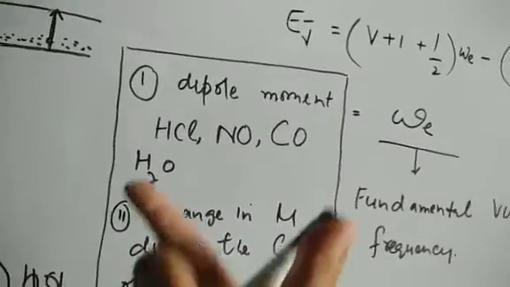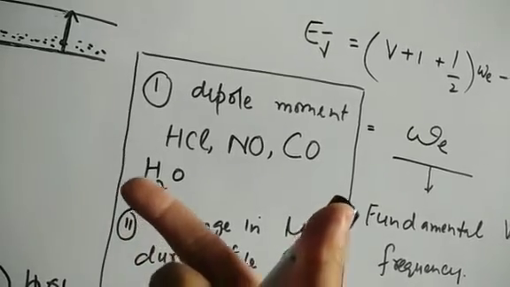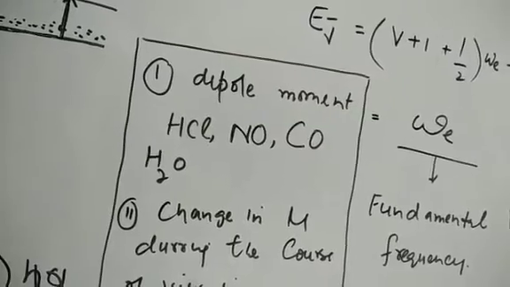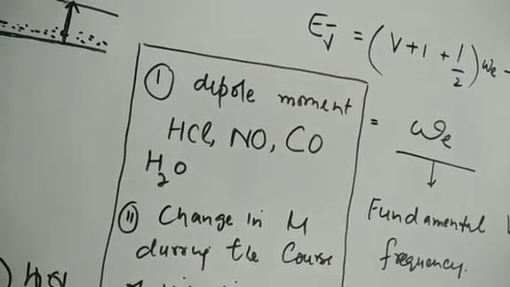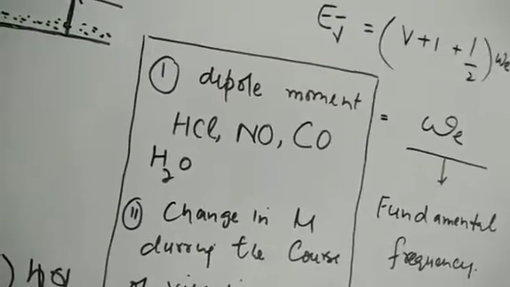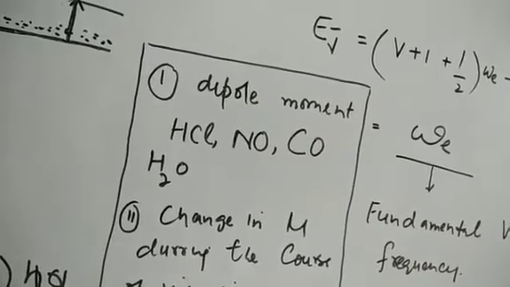All the molecules which are heteroatomic are active in the IR, and the polyatomic molecules also will be active because the chances are higher in polyatomic molecules that they will change their dipole moment during the course of vibration, so they will be active.